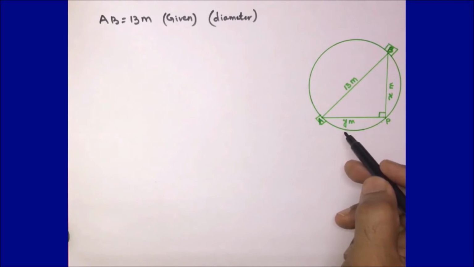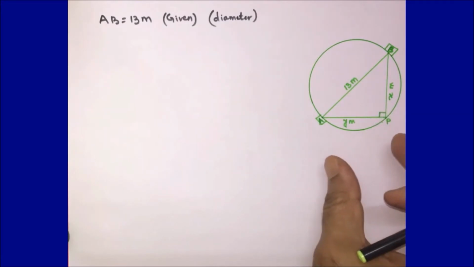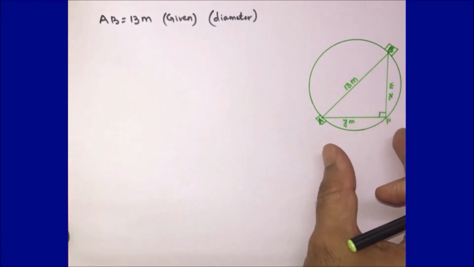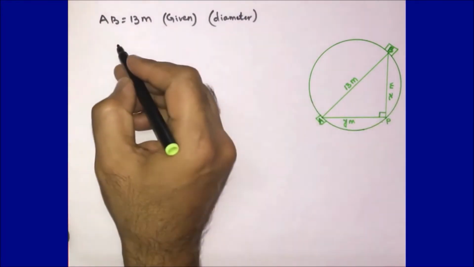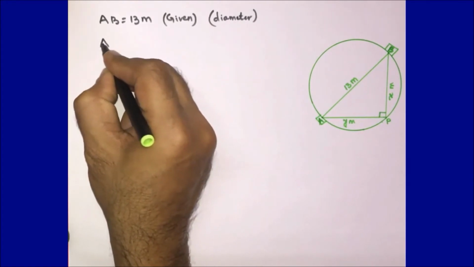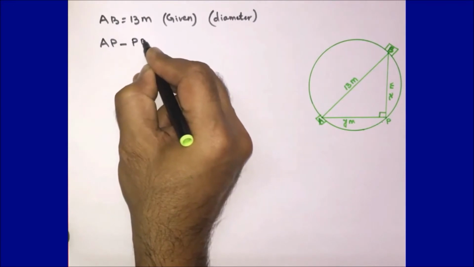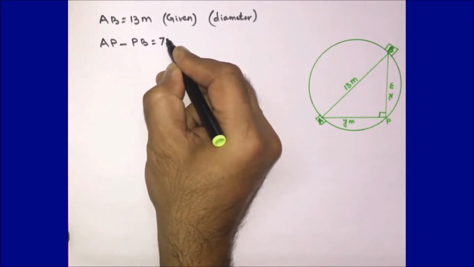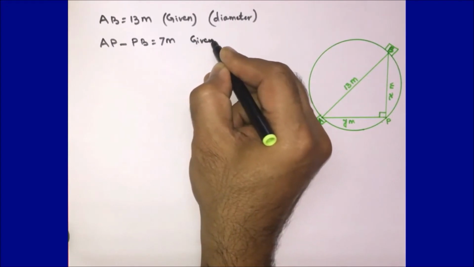Now as per the question, the difference of the distance of the pole from the two gates is 7 meters. That means, let me write it down so that it will be easy. So if I write AP minus PB is equal to 7 meters, this is what is also being given in the question.